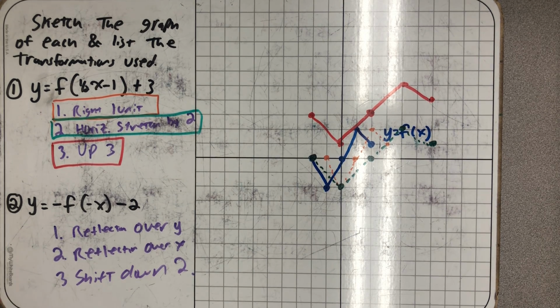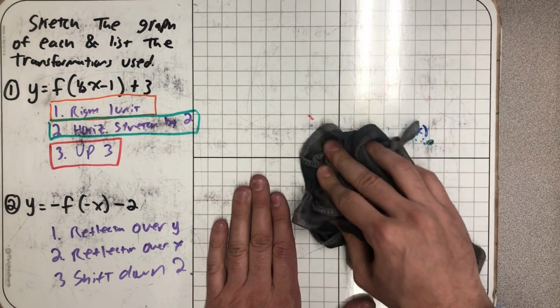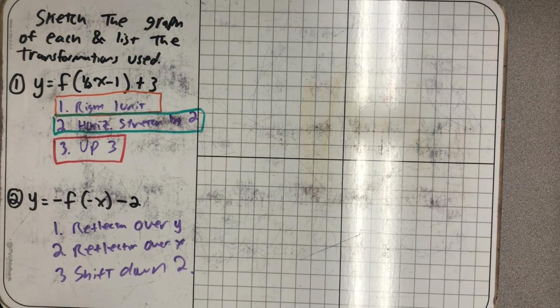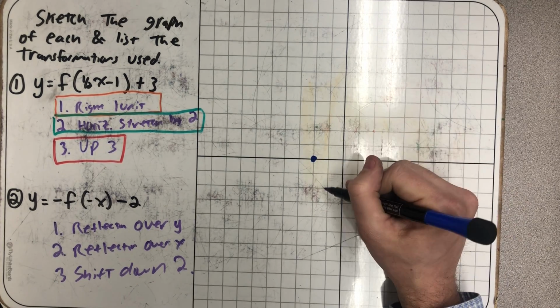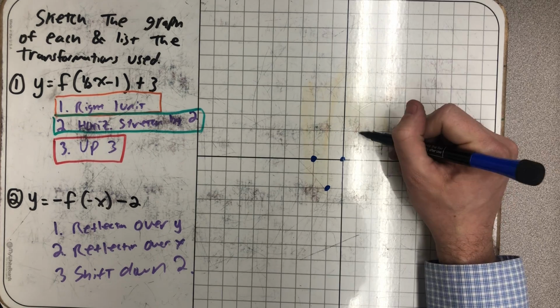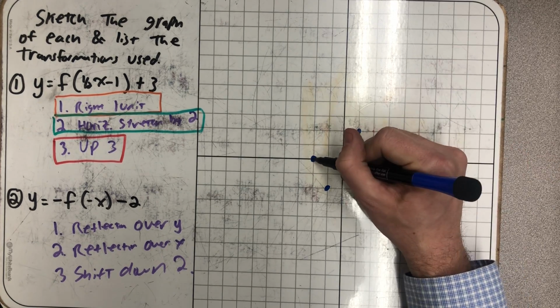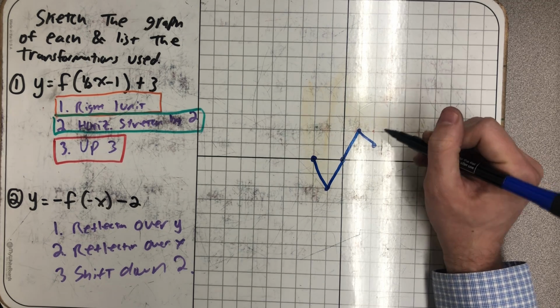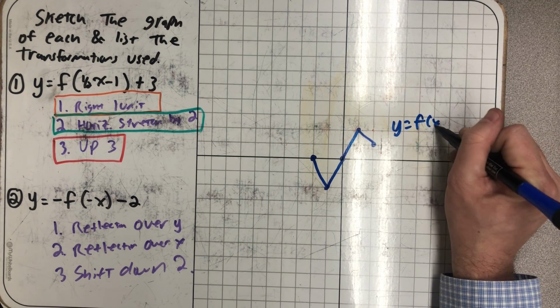All right, so let's get our solution from the last one off the board, regraph our original function, and then we'll perform those transformations. All right, there was our original function y equals f of x.